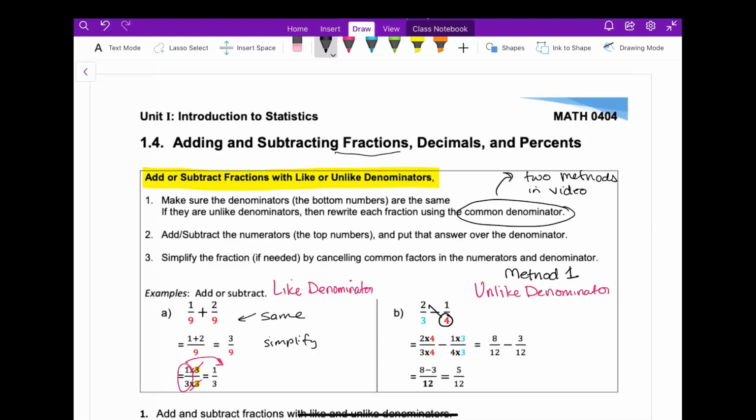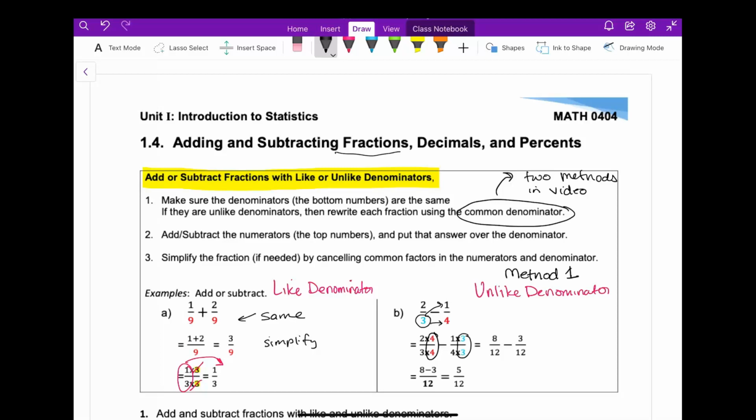This numerator gets a 4 and this denominator gets a 4. And when I say gets, it means we're going to multiply. So you see it here, 2 times 4 for the numerator, 3 times 4 for the denominator. Then we do that again for the other numbers. This 1 gets multiplied by 3, and this 4 gets multiplied by 3.